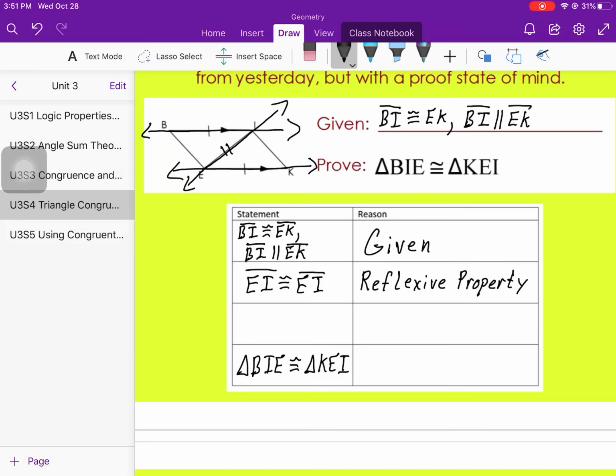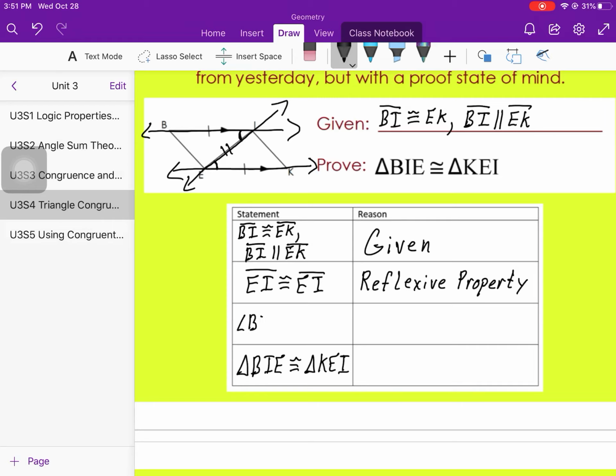And when we have parallel lines and a transversal, we know a lot of information about specific angles. And if you look at this angle here with this angle here, those would be alternate interior angles if we think back to our angle pair relationships. And since lines are parallel, we know that alternate interior angles are congruent.